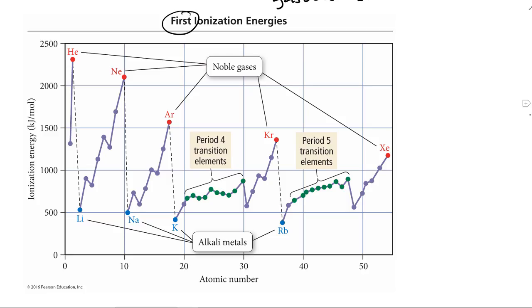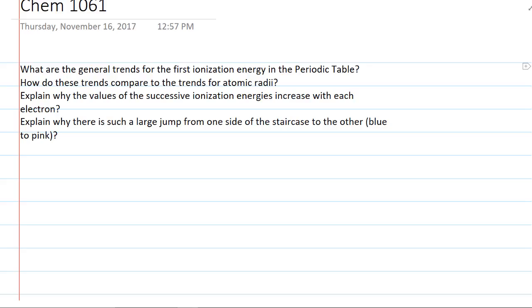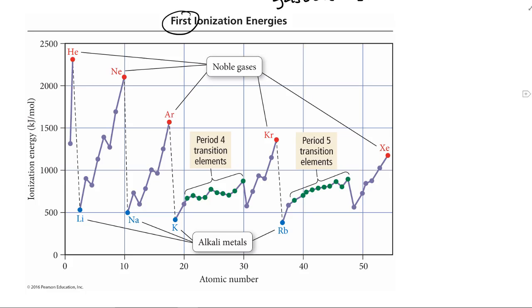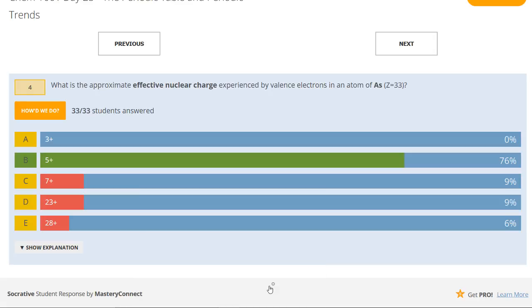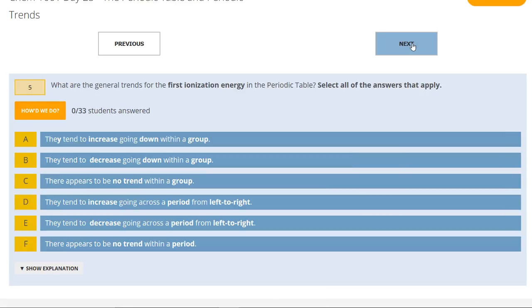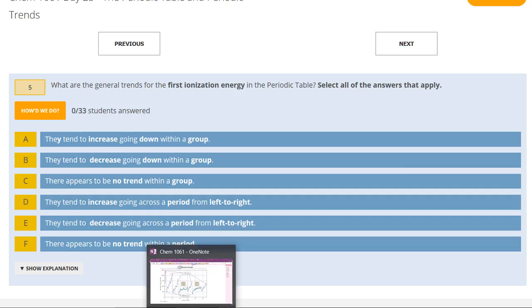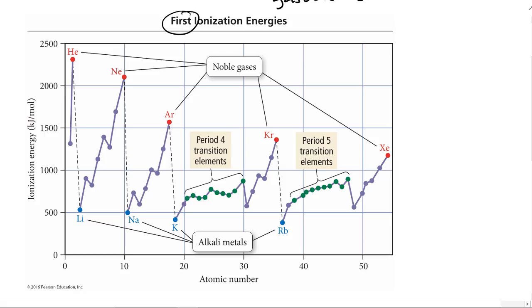So these are your first two questions. And then the first question will show up on the Socrative app.